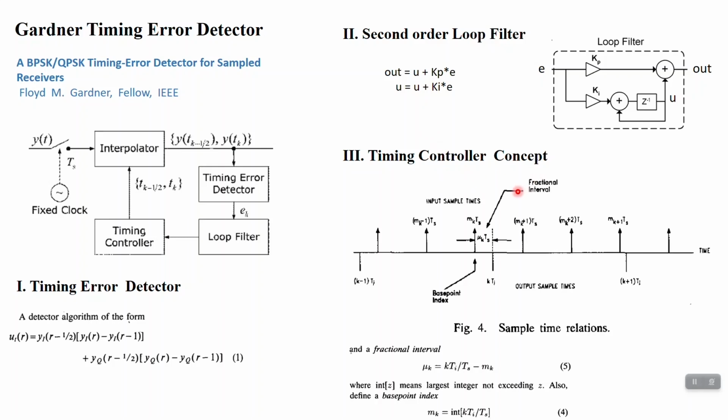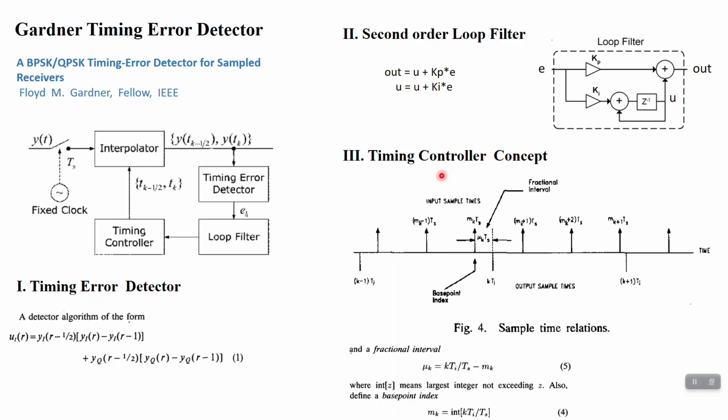But about the timing controller, I explained it earlier. The timing controller, as shown here, determines the base point index and the fractional interval. In the next slide, I'll show you how to implement it simply. Don't worry about it.